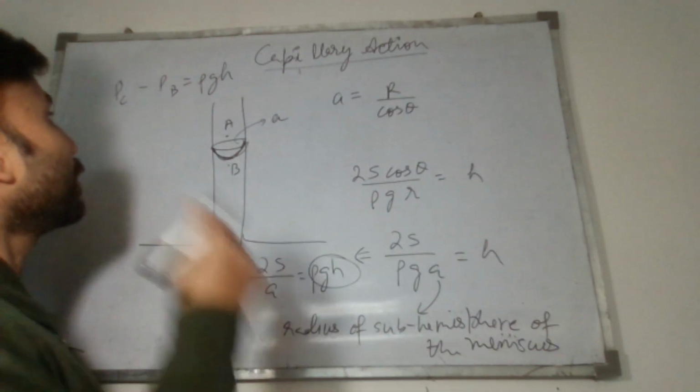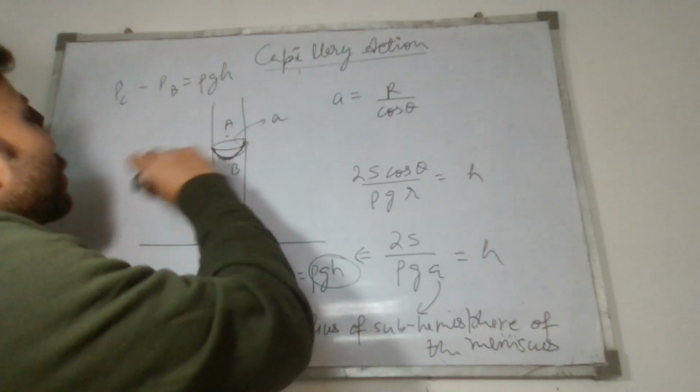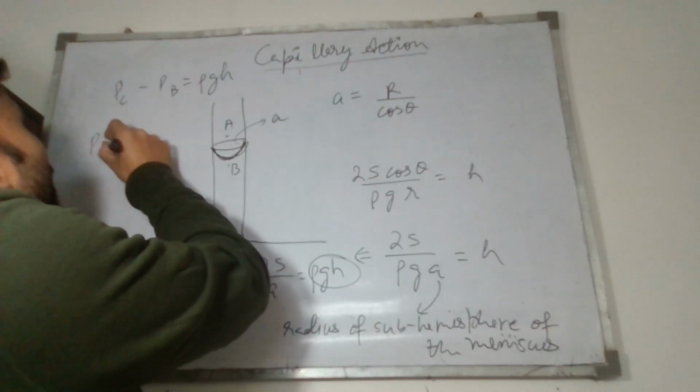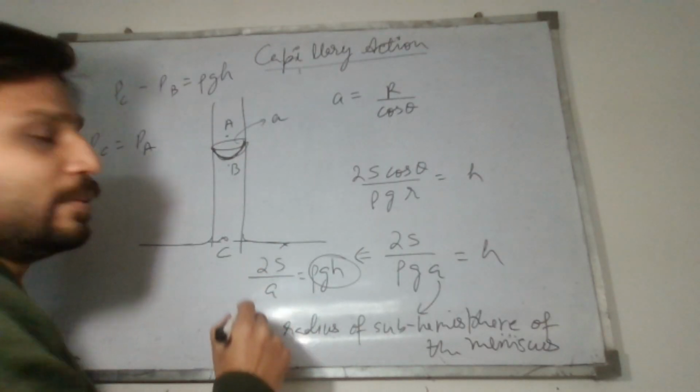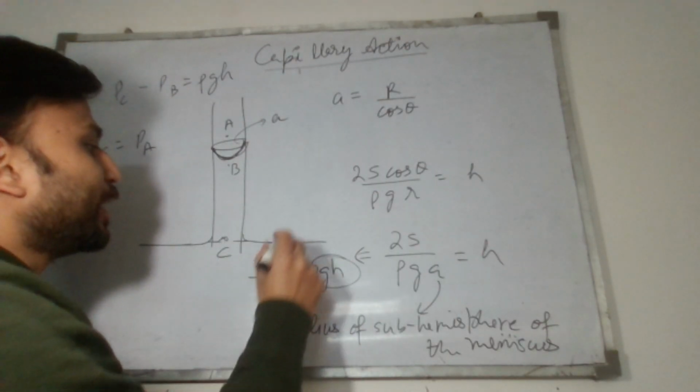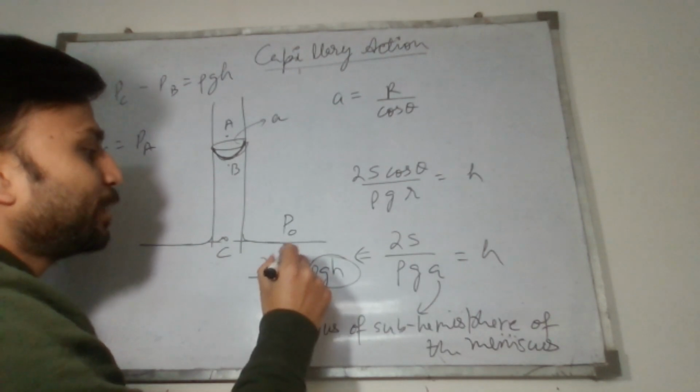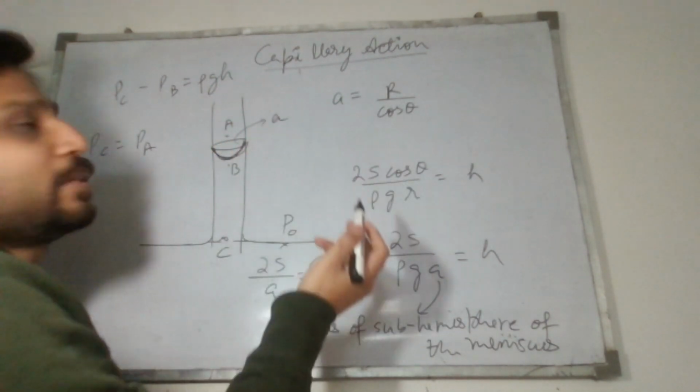Then we can say PC minus PB is rho g h, but we know that PC is nothing but PA. C is also at the level of atmosphere, so C and atmospheric pressure would be the same, and A is also in the atmosphere.